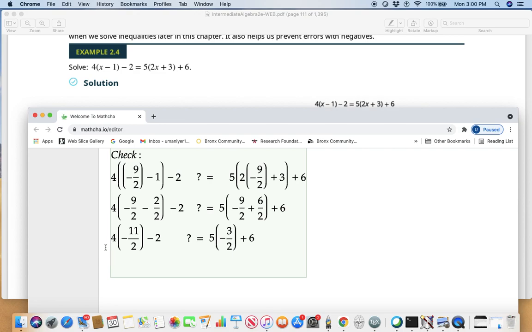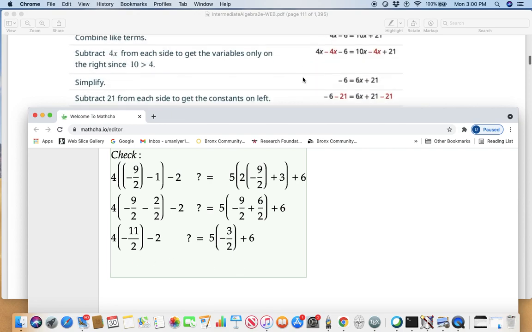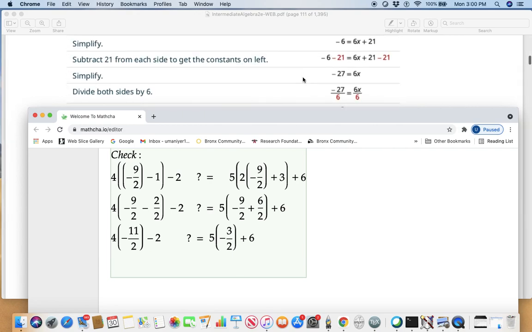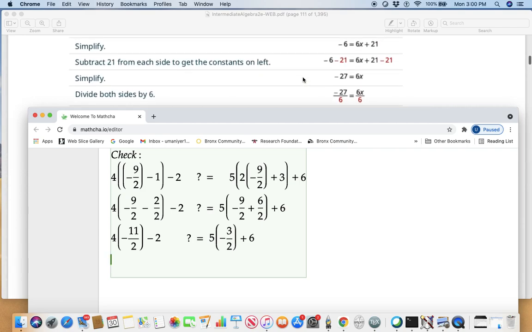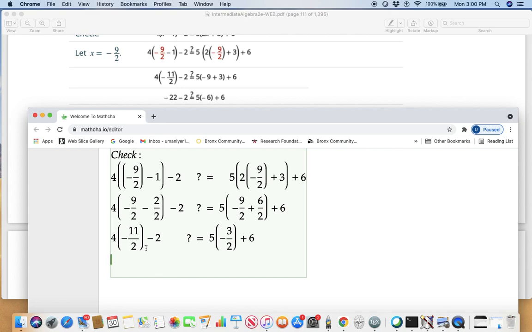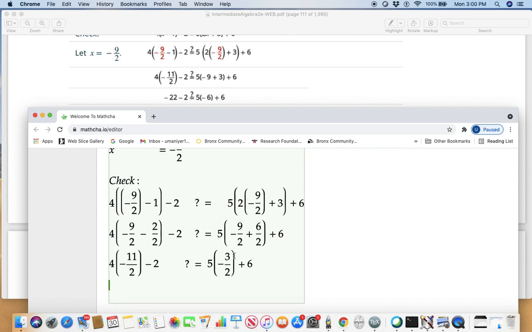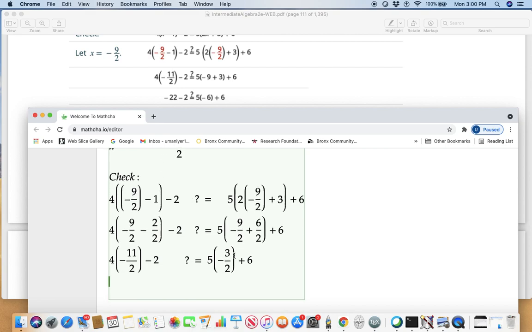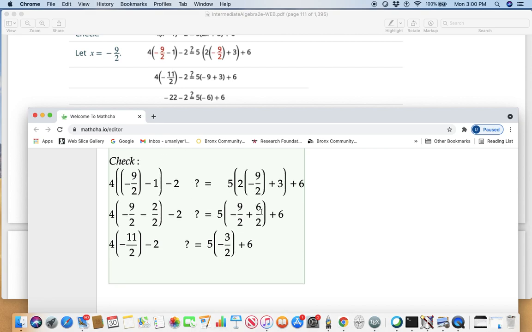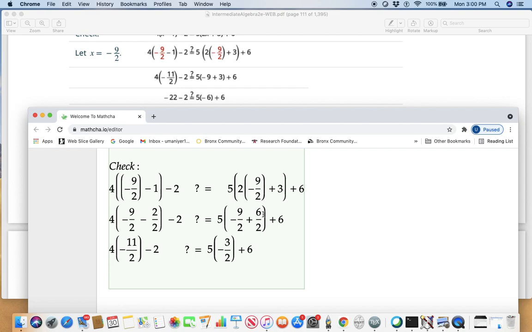This 2 reduces this 4, something is off. 9 over 2, that's fine. Okay, so, oh, I'm sorry. No, that's fine. 2, negative 3. Ah, that's the mistake.